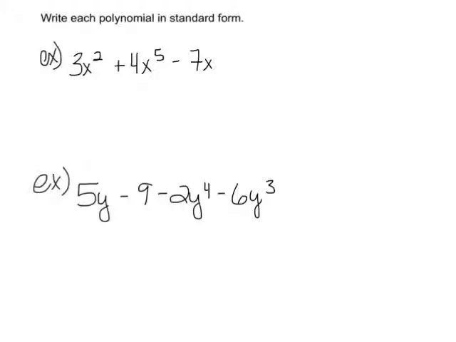We're going to write each polynomial in standard form. And standard form means that I'm going to write the polynomial from the greatest degree to the least.